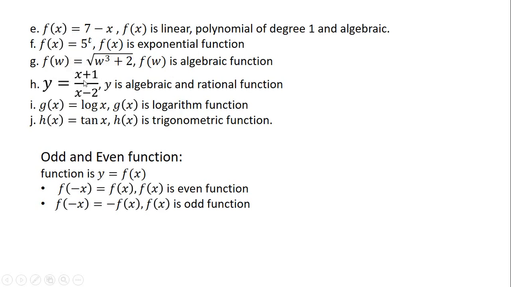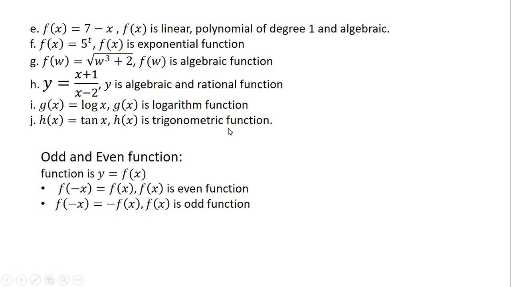Y equals x plus 1 over x minus 2. Y is an algebraic and also rational function. G of x equals log x. G of x is a logarithmic function. H of x equals sin 10x. H of x is a trigonometric function.